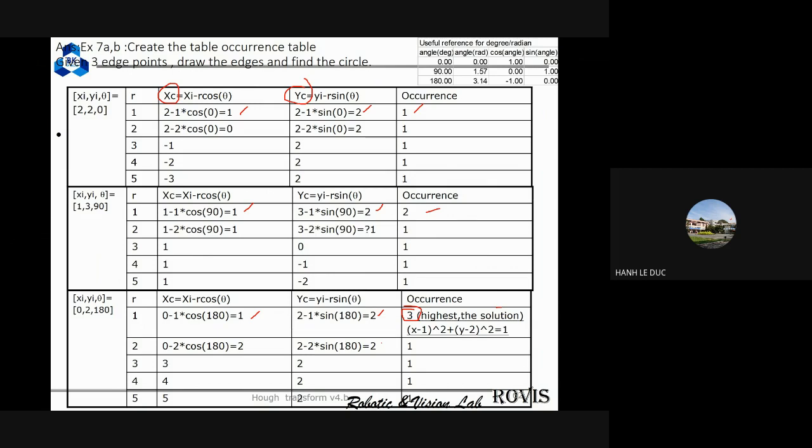Okay, so the remaining numbers just appear one time. So the highest voting, from here we know that xc yc is 1 and 2, and the radius of the circle is 1. Okay, so this is how to do the Hough circle.